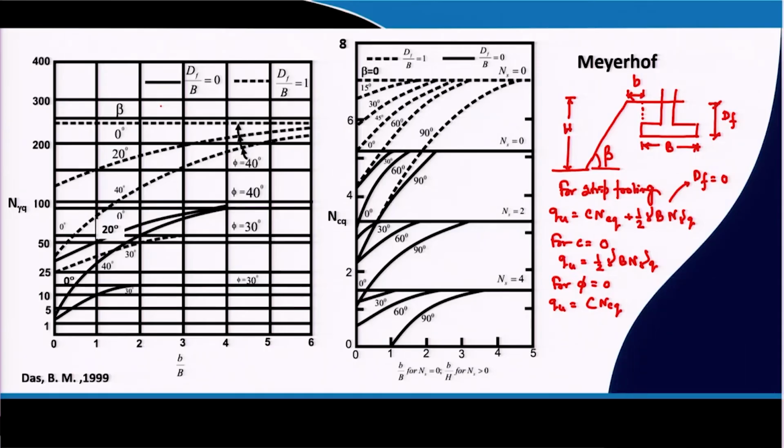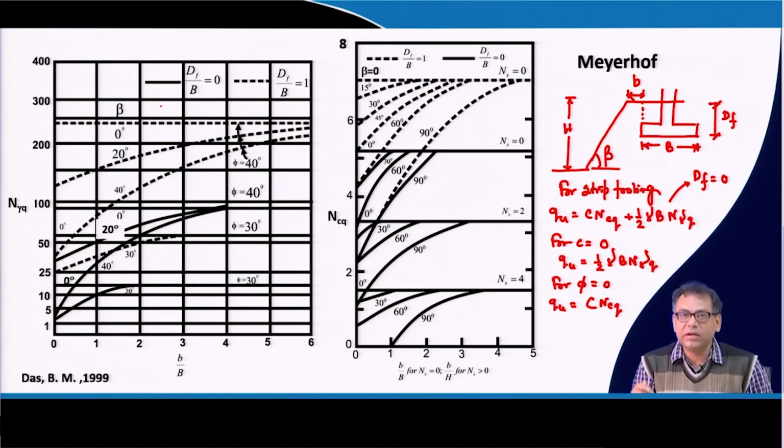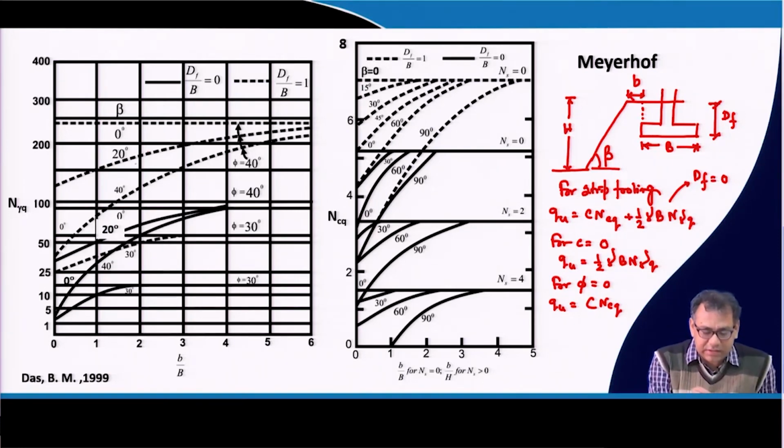If you look at these bearing capacity factors, the first part I have discussed is that it is valid if the foundation is on the surface. So if the foundation is on the surface, then you use this equation and this bearing capacity factor for D_f/B equal to 0.